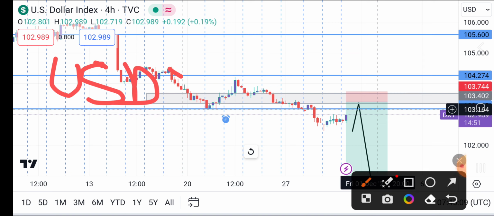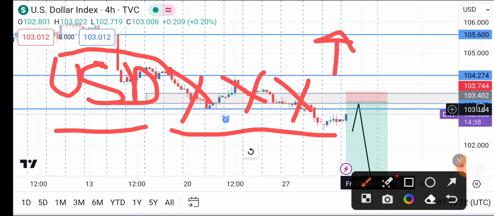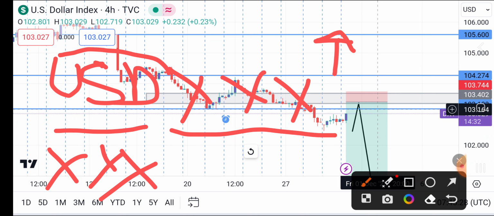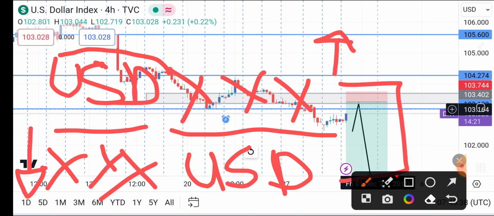It means the XXX, this is the base currency, and then this is the quote currency. So when the US dollar index is rising, it means that the pairs that start with the USD will rise as well. And XXX, when the quote currency is USD, it means that this will sell, according to what we are looking at right now.